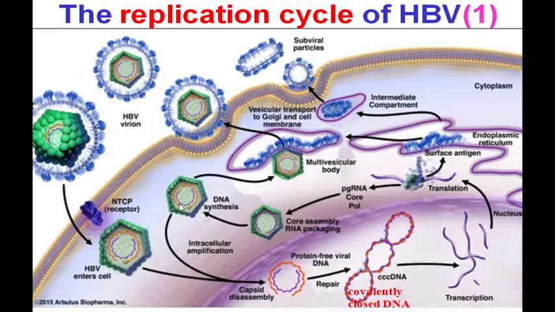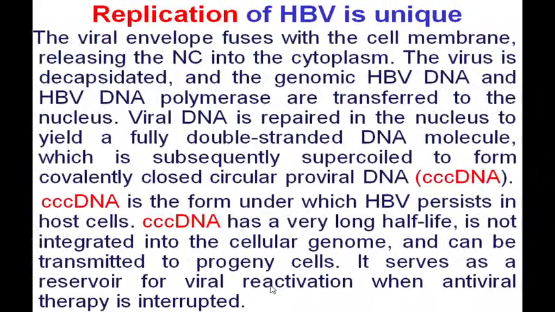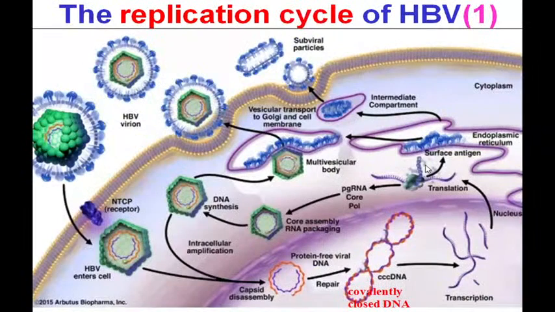So first the DNA molecule is repaired, and then with the repaired DNA molecule, the capsid will be disassembled at the nuclear membrane, and the nucleic acid will enter the nucleus.